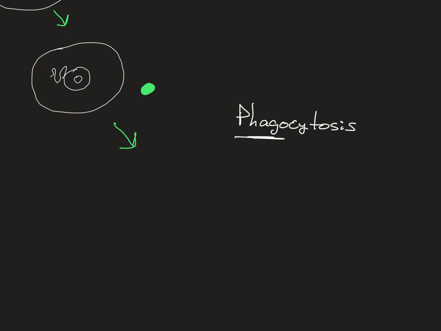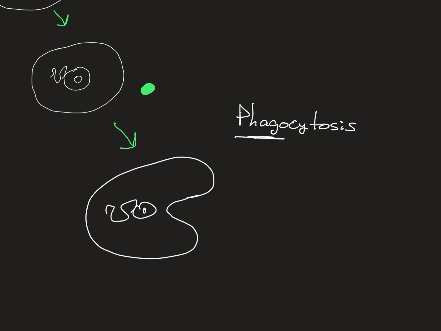Phago means bringing large things in, right? So eating large amounts. So phagocytosis is bringing into the cell large things. So the cell is going to bring it in. It has to start to cave its membrane in, right?